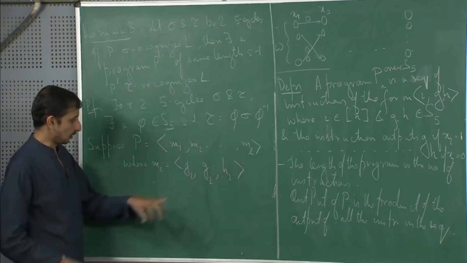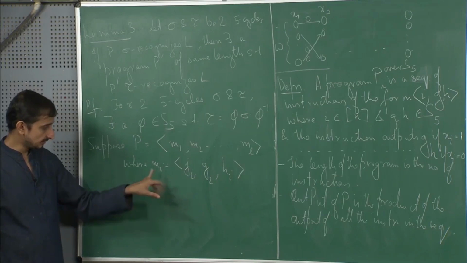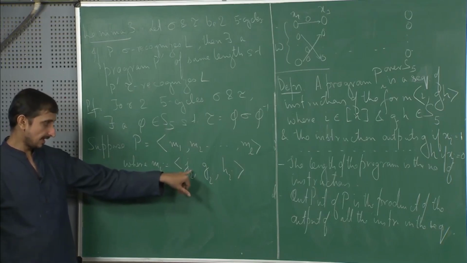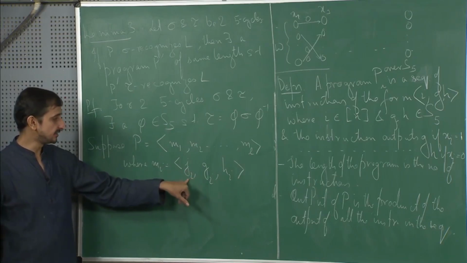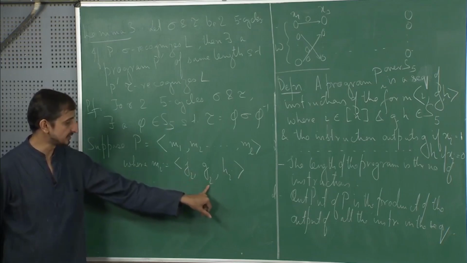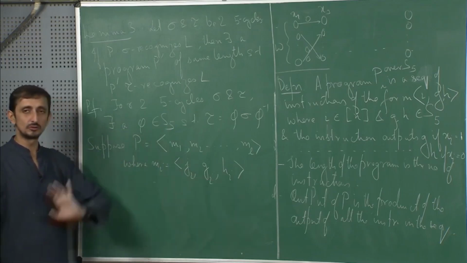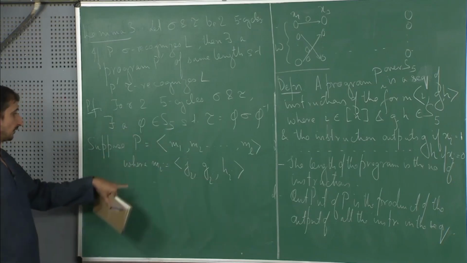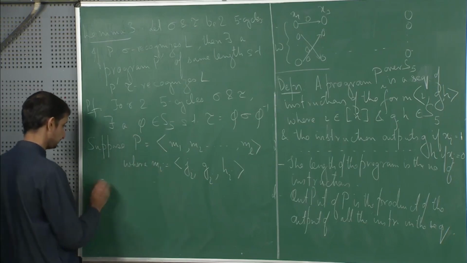So Mi has the index Ji, and if the bit Ji is 1, then it goes to the permutation Gi. If it is 0, it goes to the permutation Hi.